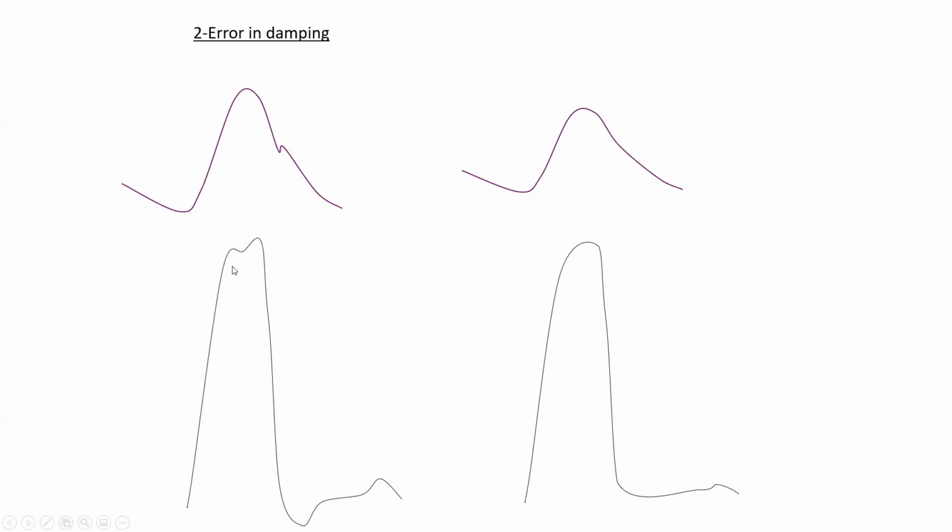This is what we call a normally damped LV pressure. It has a dip in diastole, it has an A wave, it has a dip in systole. Those are normal recordings through a column of fluid, through transmission into a catheter filled with fluid. Okay, that's the normal damping.